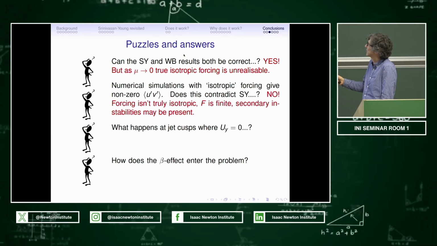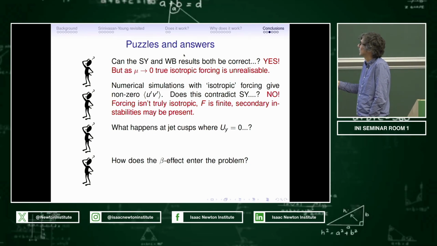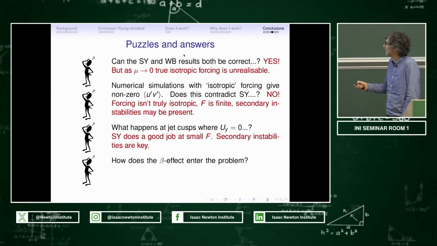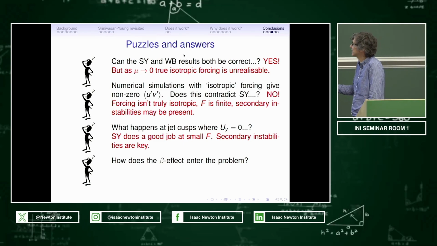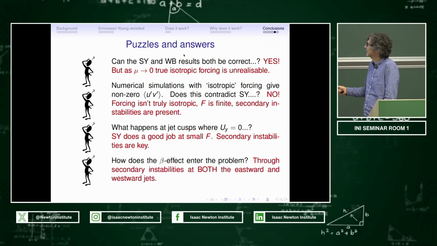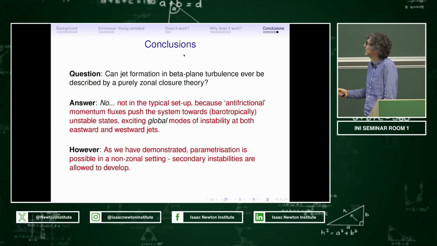Numerical simulations of isotropic forcing give non-zero momentum fluxes, because the forcing isn't truly isotropic. F is finite, and that's important as well. What happens at the jet cusps? That's what we're interested in. Srinivasan-Young does a good job, but secondary instabilities are absolutely key there. And how does the beta effect enter the problem? Through the secondary instabilities, on both the eastward and the westward jets.